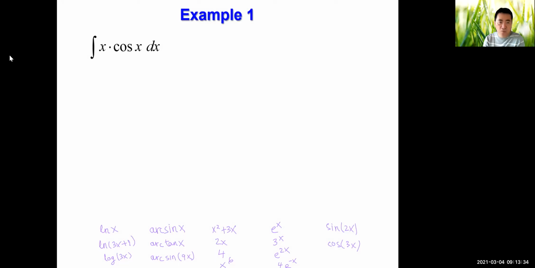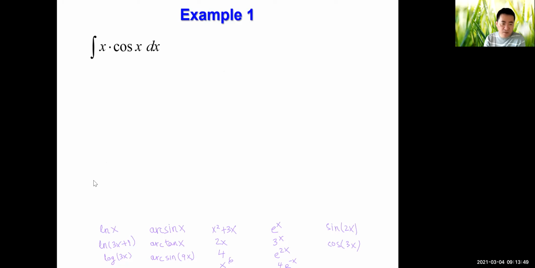I'm going to look at example 1, which I think is the same example that we had before. X cosine x. Now I'm going to do the formula.